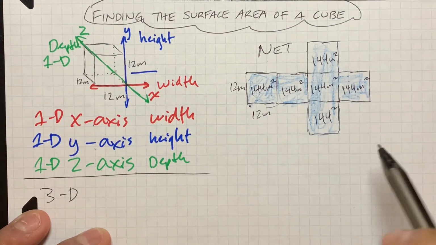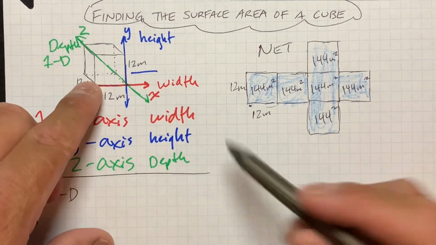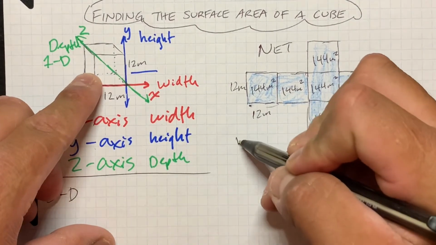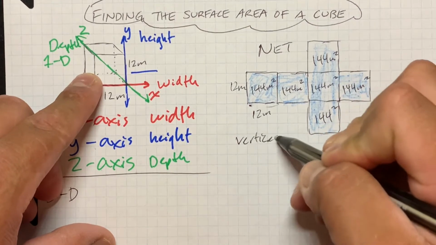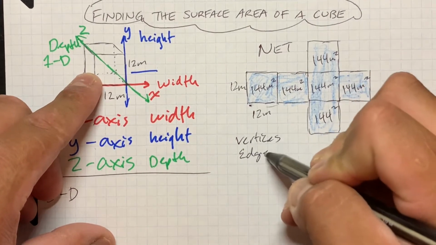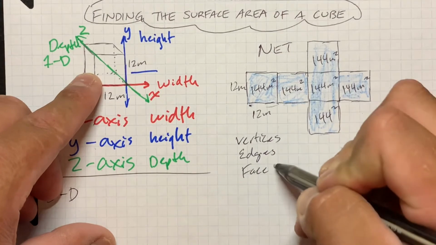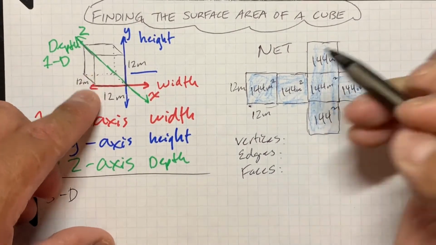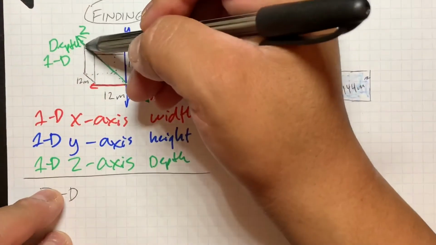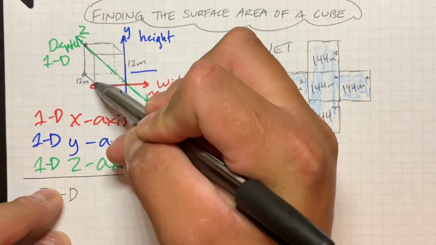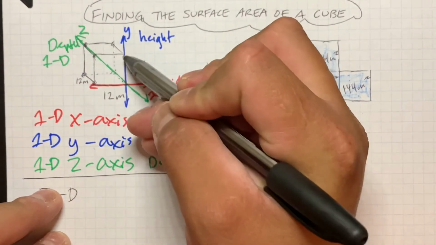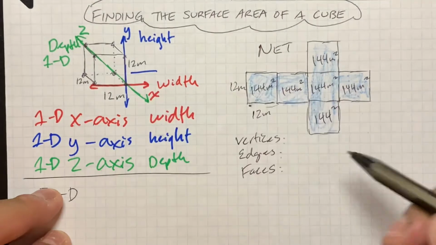Now, how many faces do we have here? First of all, I want to know how many faces we have, how many vertices we have, and how many edges we have. If we count over here, we have 1, 2, 3, 4, 5, 6, 7, 8 vertices.